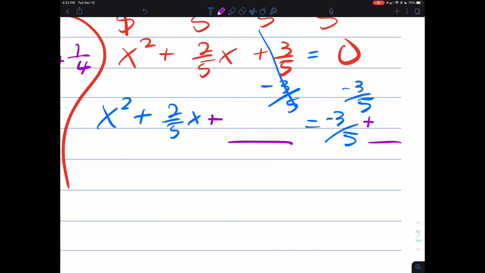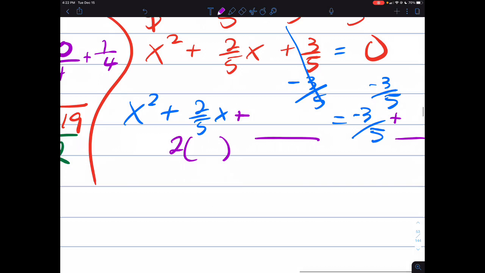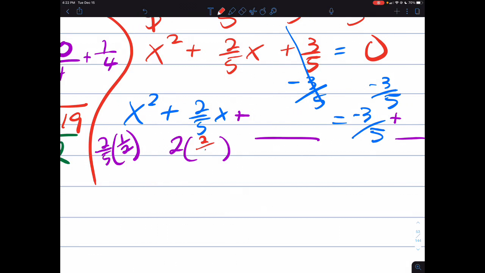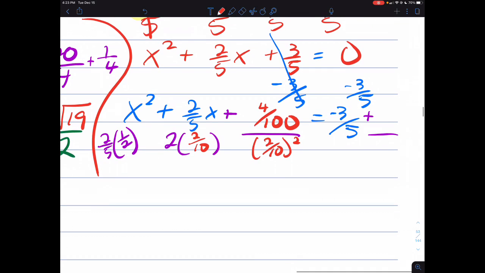Now, we've got to figure out 2 times what gives us 2/5. So the way we're going to do that is think, to find half of 2/5, we multiply by 1/2. So we're going to get 2/10 here. So we'll have to square 2/10 to get our blank, so that's 4 over 100, plus 4 over 100.